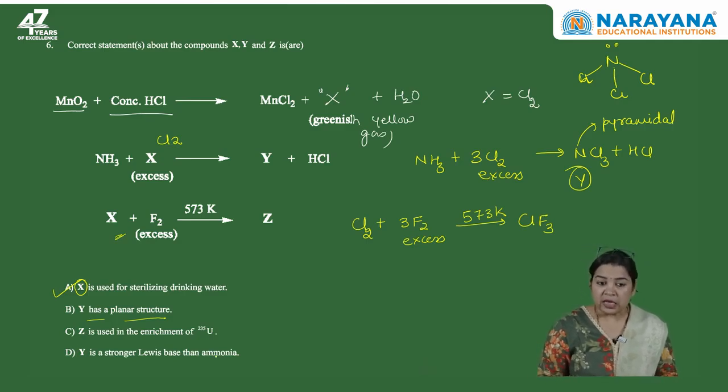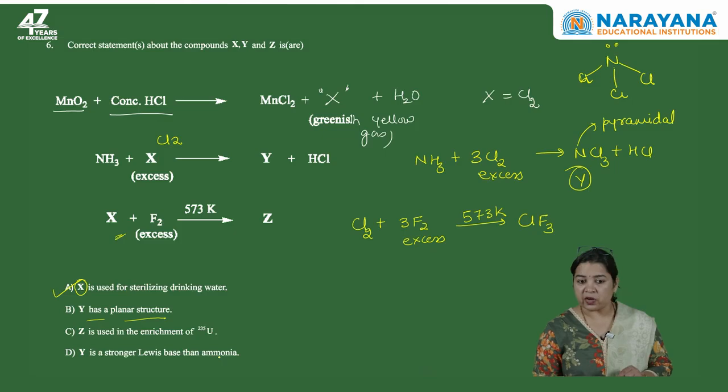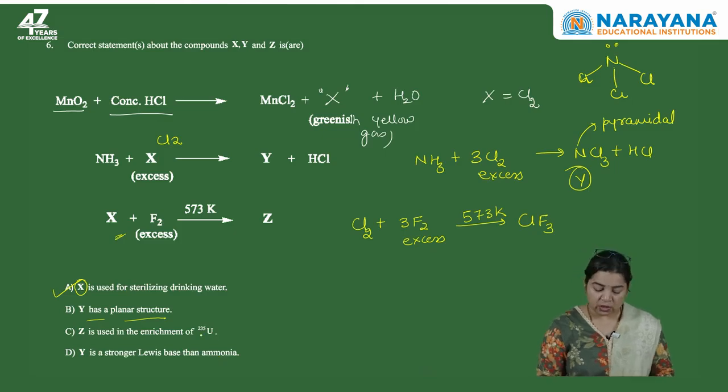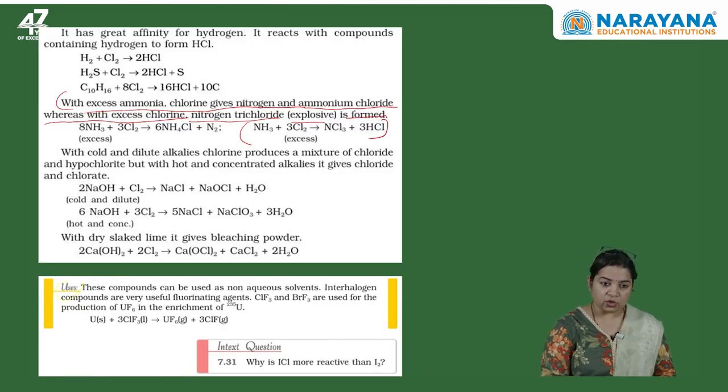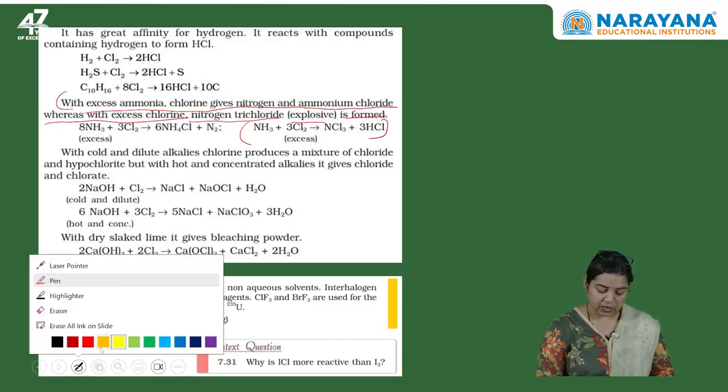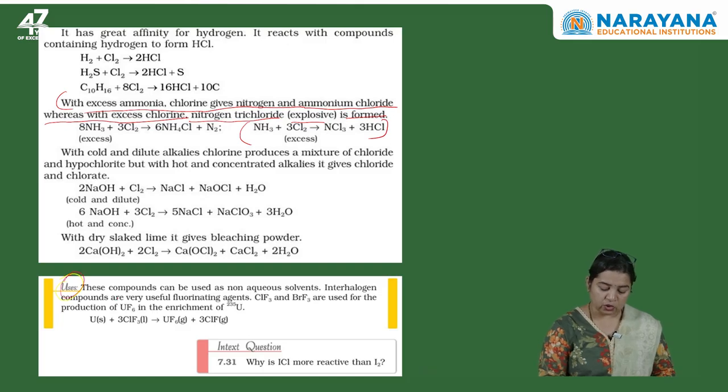Coming to C, Z is used in the enrichment of U-235, uranium-235. Now, how do we know this? What was Z? Z was ClF3. Again, go back to the NCERT halogen chapter. You will find it in the uses of halogens. Okay, so what is there? Uses of halogens: these compounds can be used as non-aqueous solvents. Interhalogen compounds are very useful fluorinating agents.